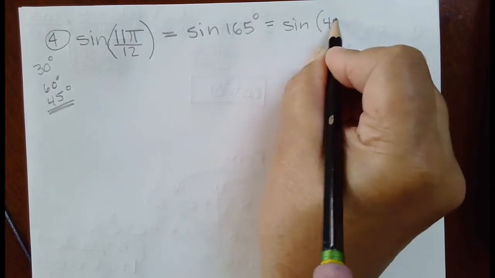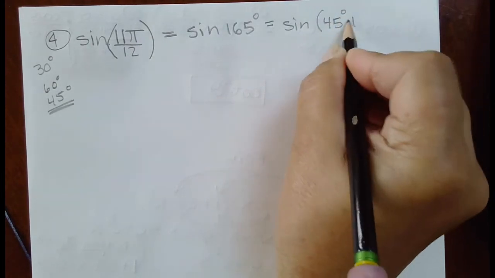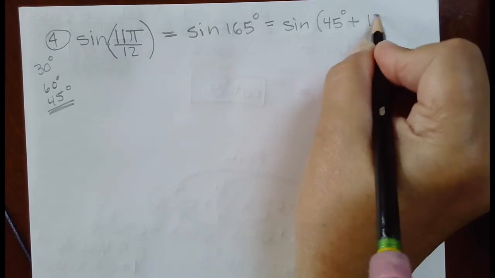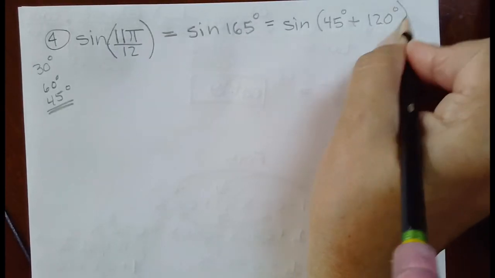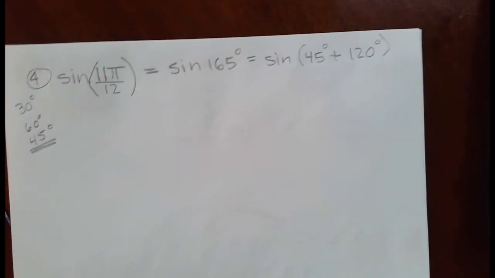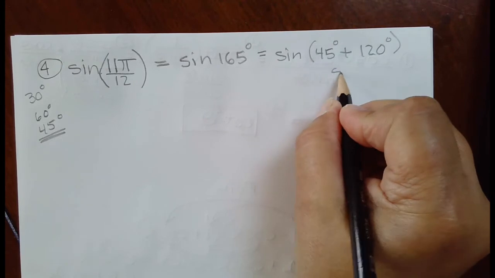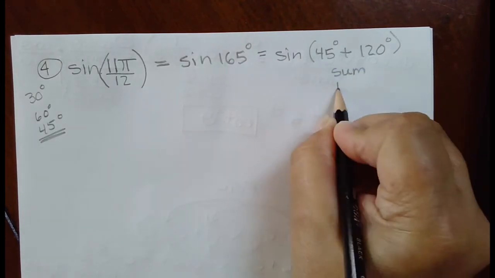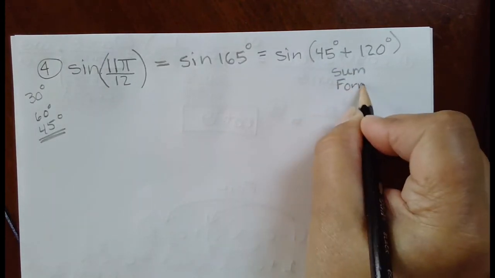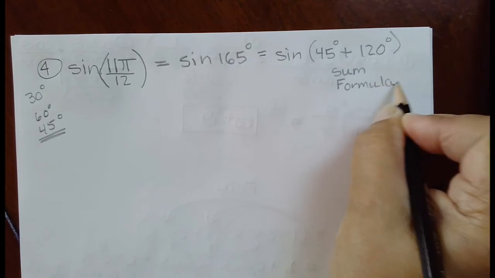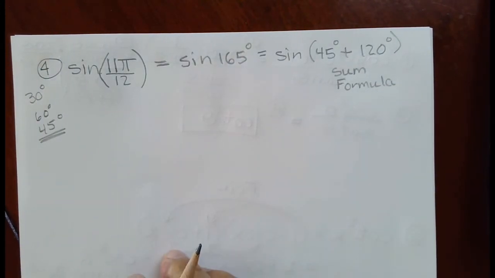Okay, since I have added 2 angles in order to create this 165, I am going to be using the sum formulas for sine. And that goes like that. Again, you need to be able to pull this formula out of your head in the middle of what you're doing. So you have to spend a lot of time practicing to help you memorize the formulas.